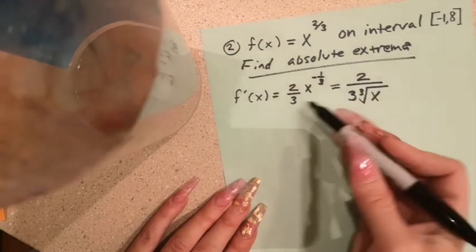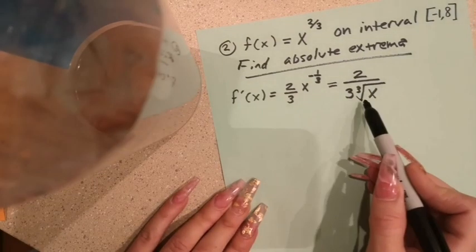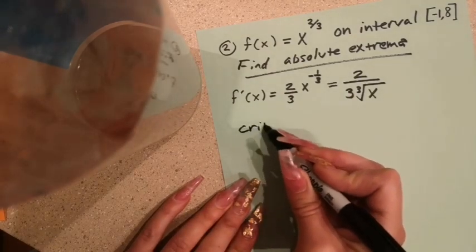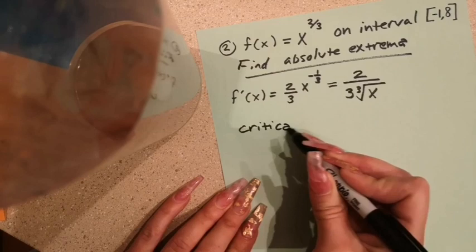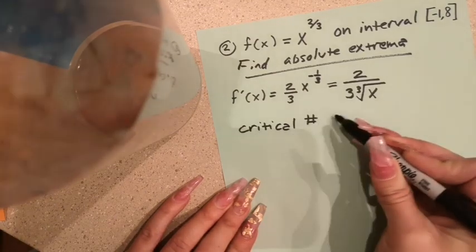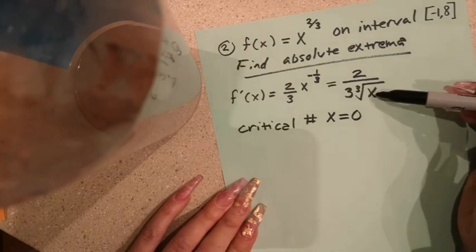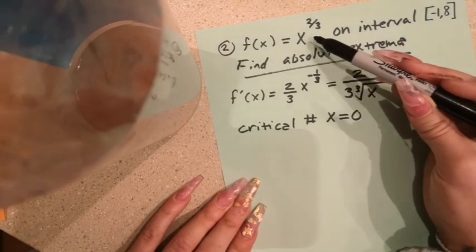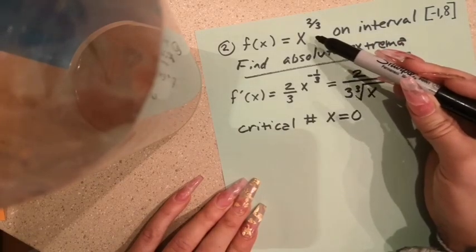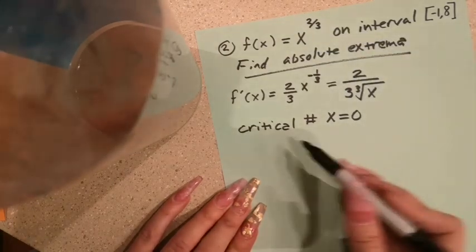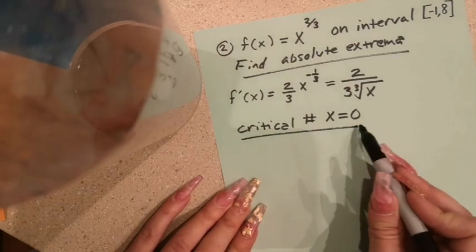So what about where f'(x) is undefined? This has a critical number at x = 0, because it's an x value for which the derivative is undefined, but 0 is in the domain of the original function, since if I plug 0 in, I just get 0 out. So that's my critical number.